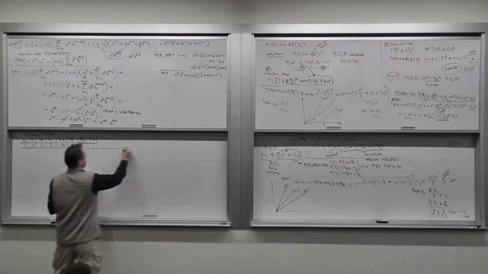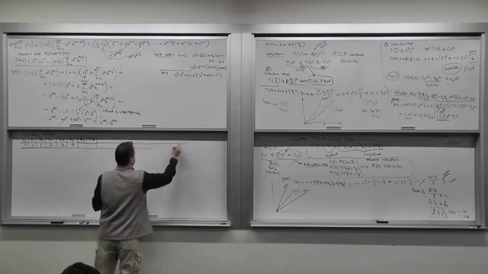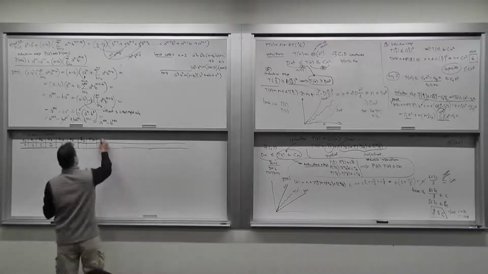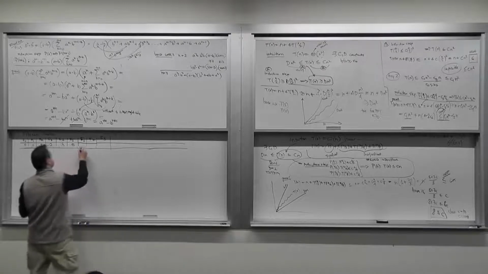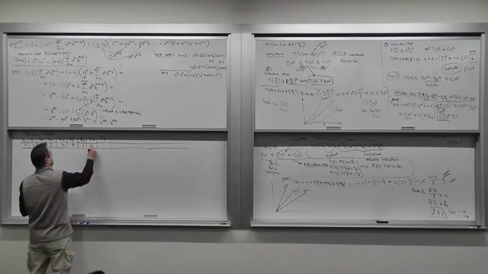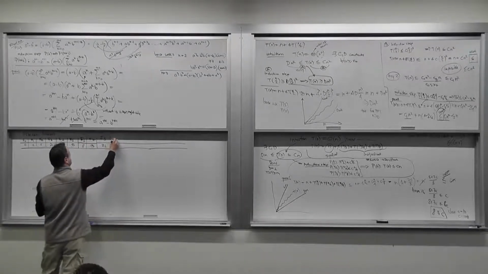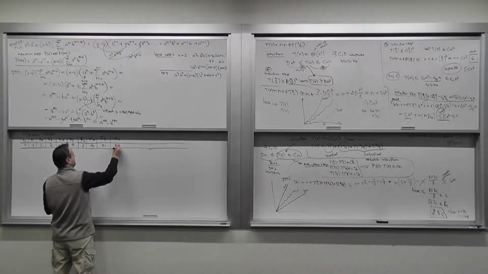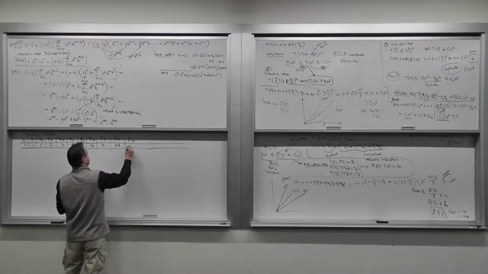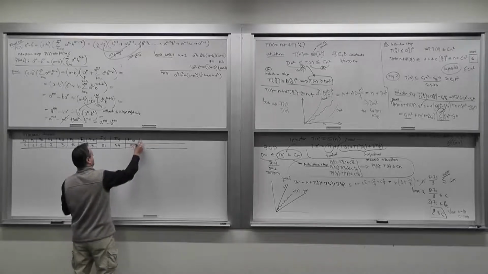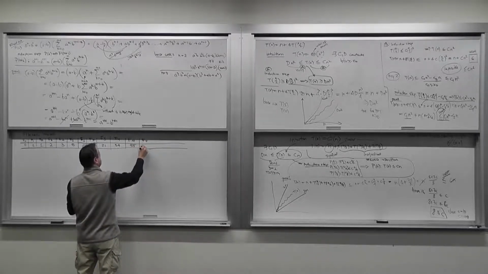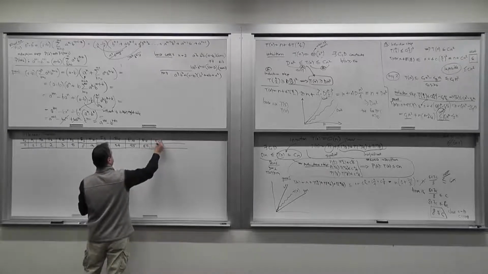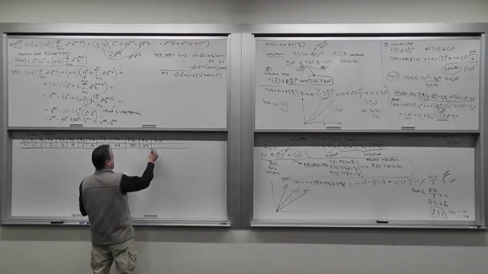F6 would be 8, right? F7 will be 13, 21, F9, 34, F10, F11, F12, 144.